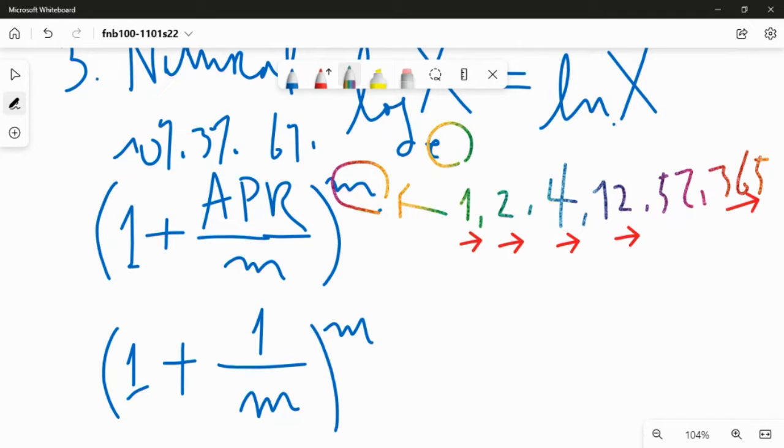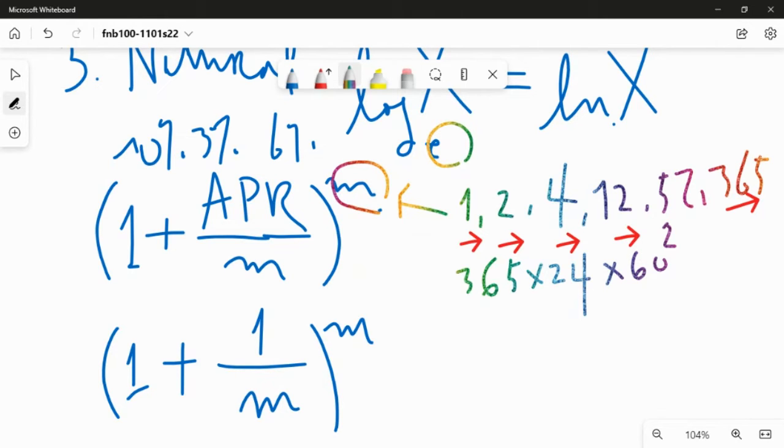It can be by the hour, which is then 365 times 24, and it can be even by the minute, then 60, and then even by the second, then 60 squared.